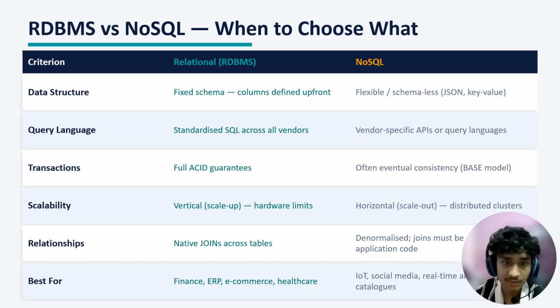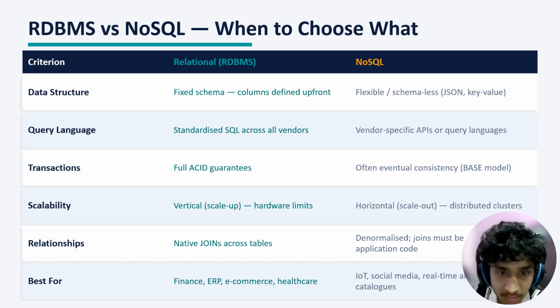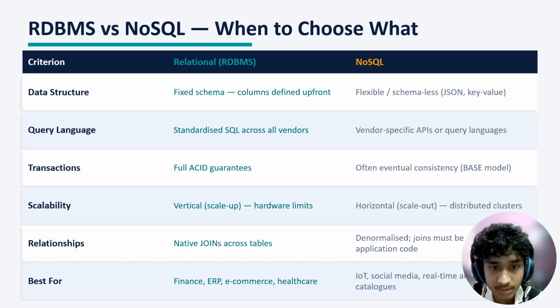Next one is RDBMS versus NoSQL. When to choose what? As you can see from this slide, the data structure of the relational database is a fixed schema, with columns defined upfront, and NoSQL is a flexible schema. And the second point is query language.